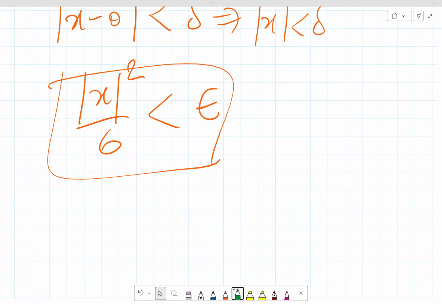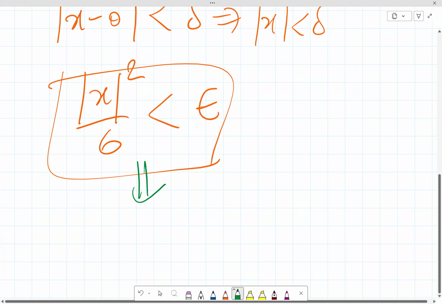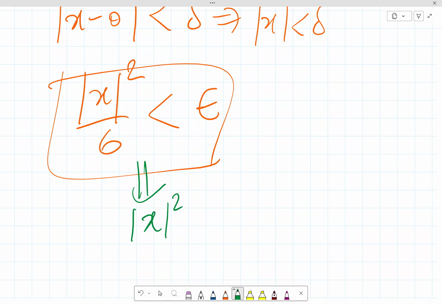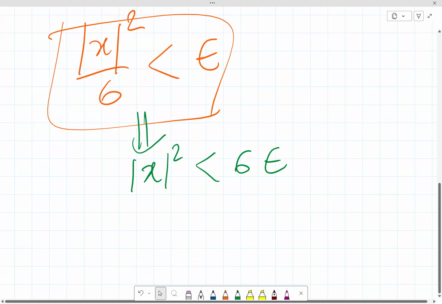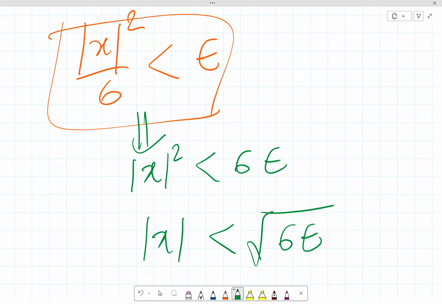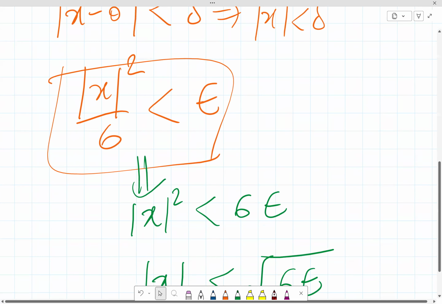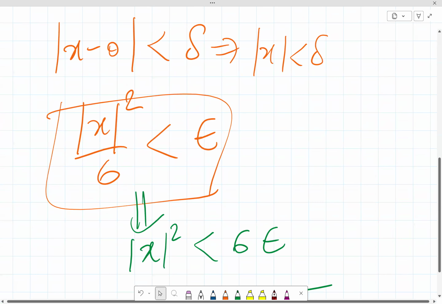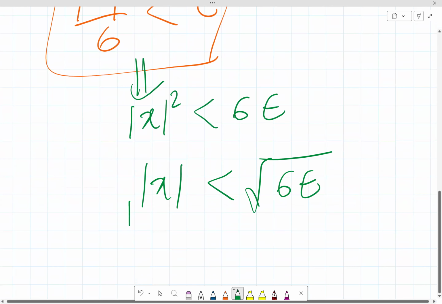So we are saying that this is now absolute value of x squared. If you multiply through by 6, you have less than 6 epsilon. Then if you take square root of both sides, absolute value of x will be less than square root of 6 epsilon.